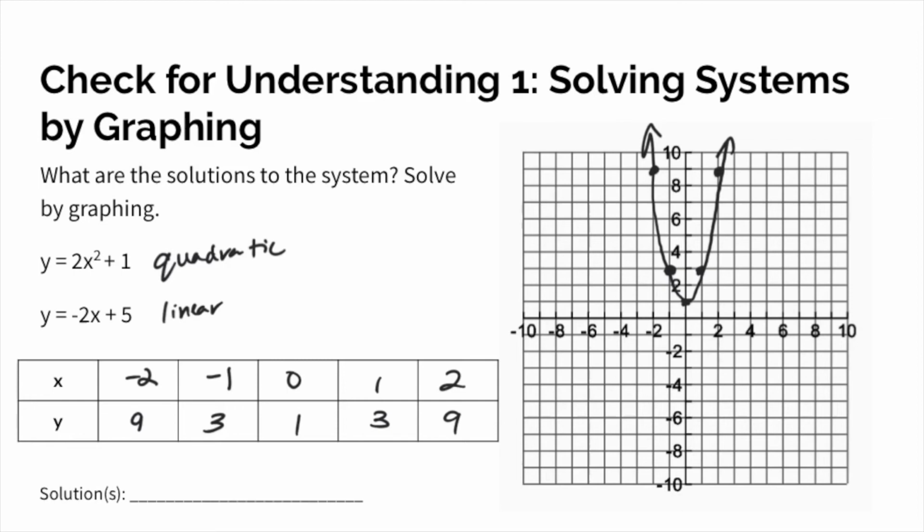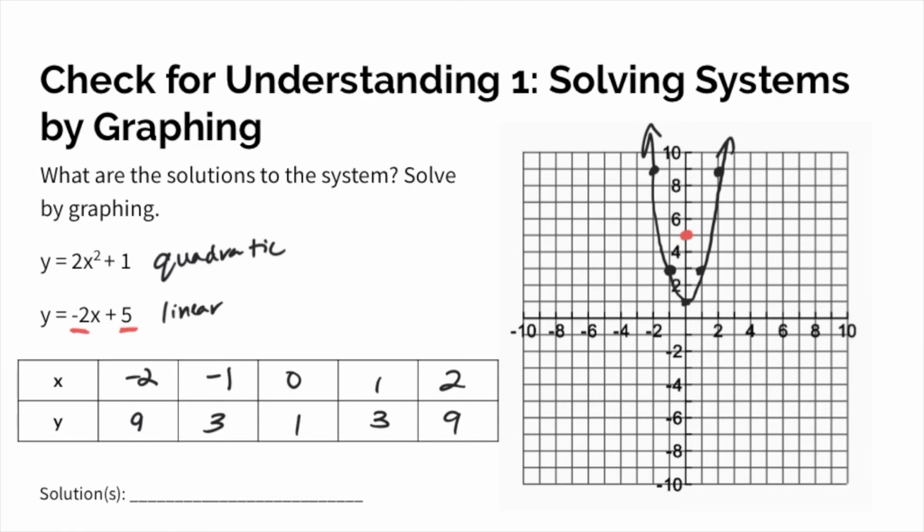Now for my linear graph, right, I just want to make sure of two things, right? So I want to make sure that I'm identifying my y-intercept. My y-intercept is 5, so I know that I'm just going to start at 5. Now, because my slope is -2, it's this coefficient right over here in front of the x.